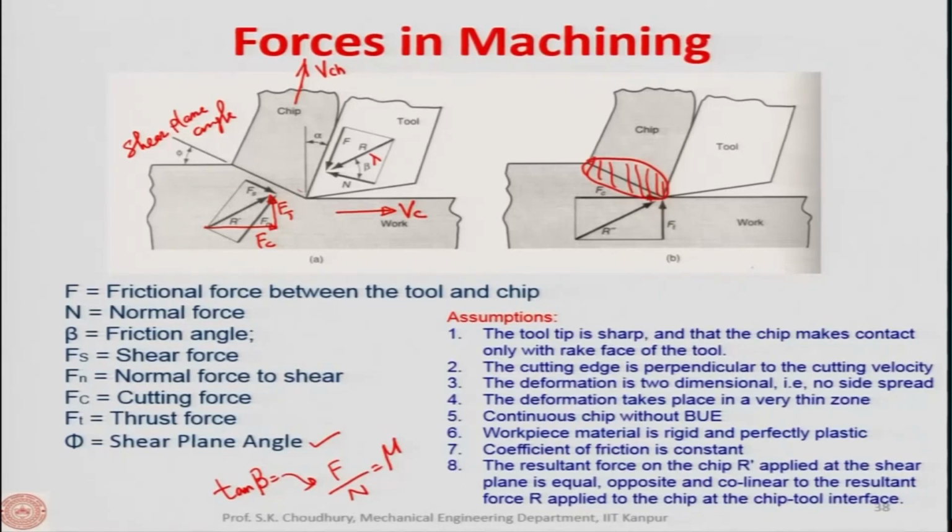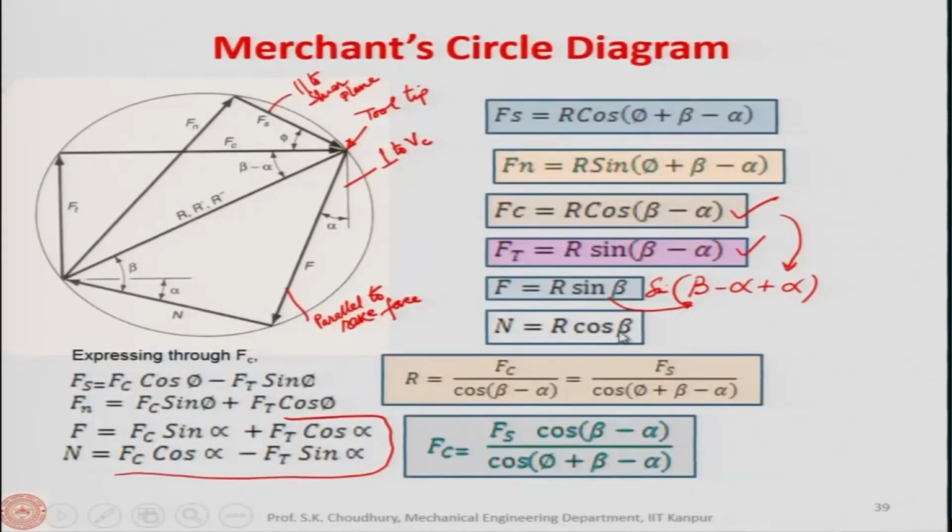They are correlated with the 3 angles: shear plane angle, rake angle and friction angle, and we said that all these could be converted through the FC and FT, because we measure the forces through the FC and FT only.